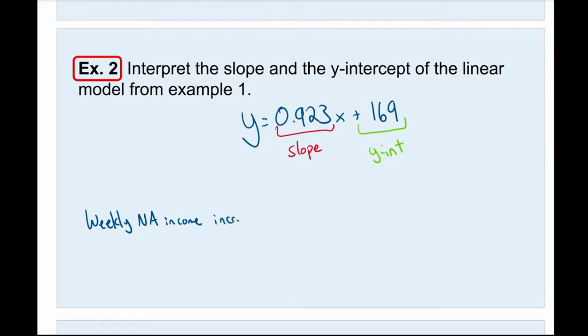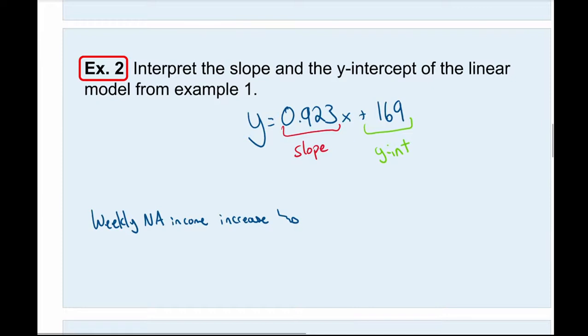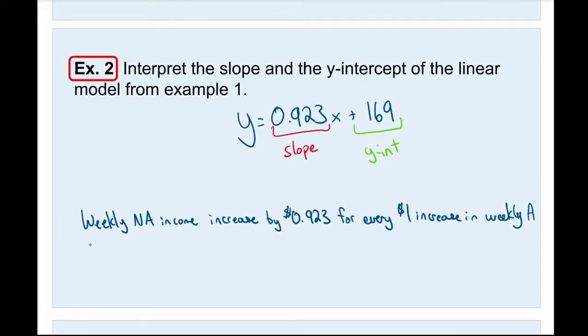Increases by $0.923 for every $1 increase in weekly aboriginal, or A, income. Because again, it's change in y over change in x, so the non-aboriginal income is increasing by $0.923, or 92 cents, basically for every $1 increase in weekly aboriginal income.